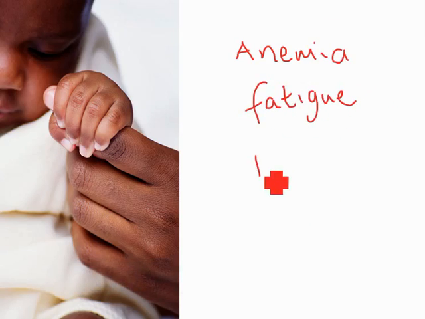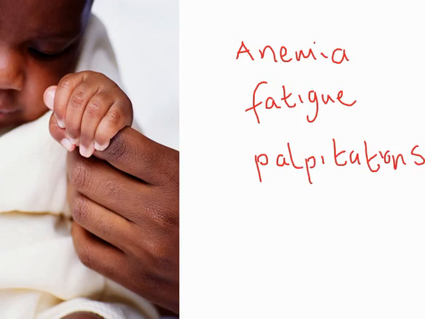They suffer from palpitations. And oftentimes they suffer from gallstones, and the spleen becomes massively enlarged. One of the most common signs in infants with sickle cell is jaundice, and you can detect jaundice from the slight yellowing in the whites of the eyes in infants at a very young age.